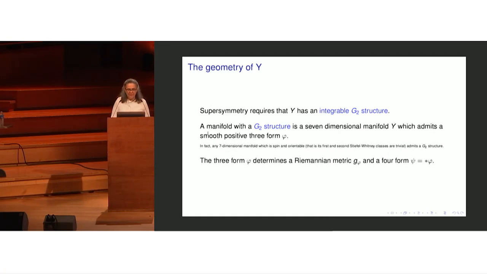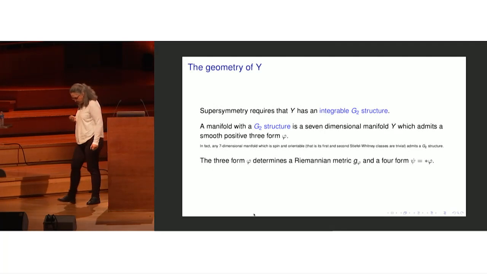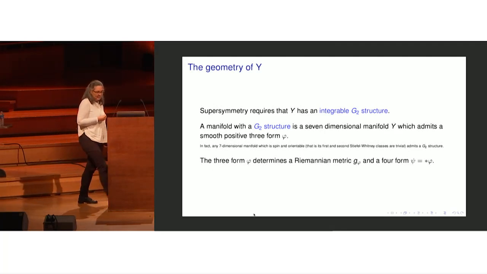So supersymmetry requires that Y, let me start with the manifold itself, has an integrable G2 structure. A manifold with a G2 structure is a 7-dimensional manifold Y which admits a smooth, non-degenerate 3-form phi. If you have a Riemannian manifold, your structure group is contained in SO(7).